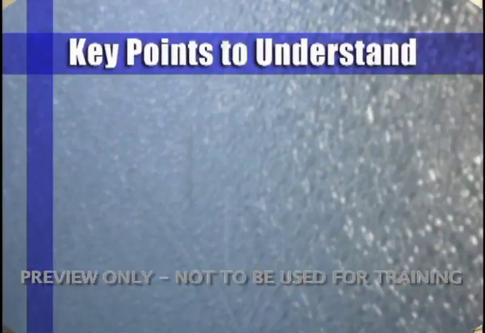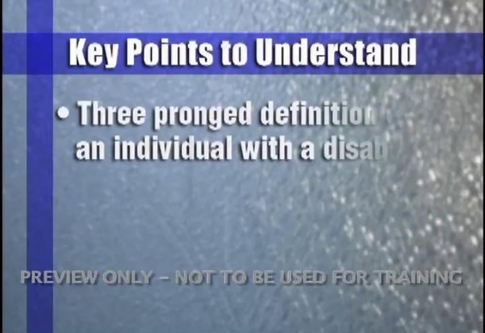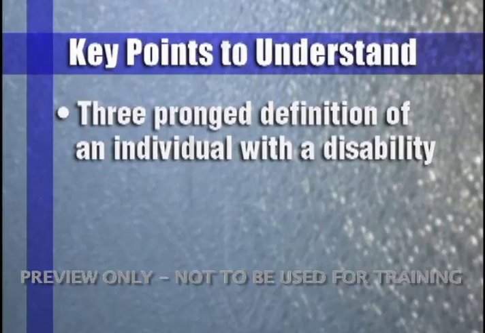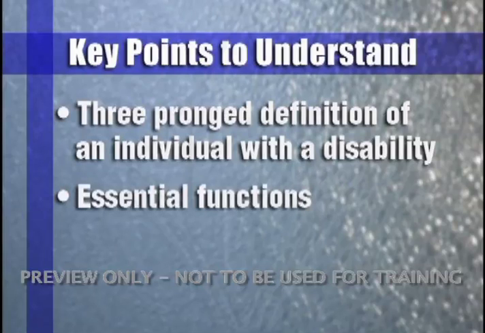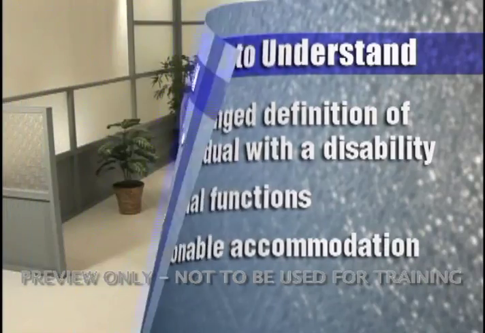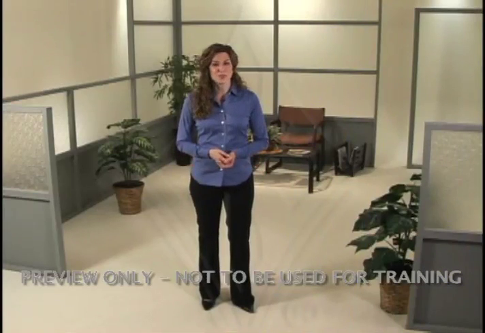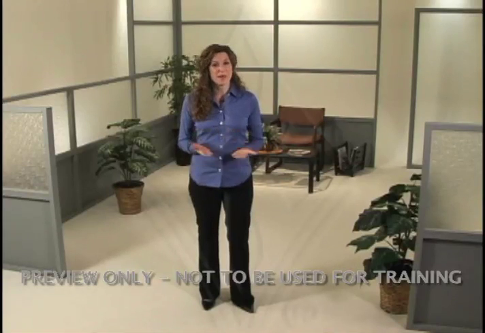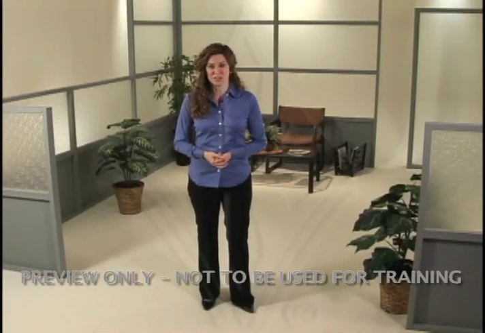The key points you should understand include the 3-pronged definition of an individual with a disability, the concept of essential functions, and the meaning of reasonable accommodation. Ultimately, you should understand that you may always hire, train, and promote the best, most qualified individuals.